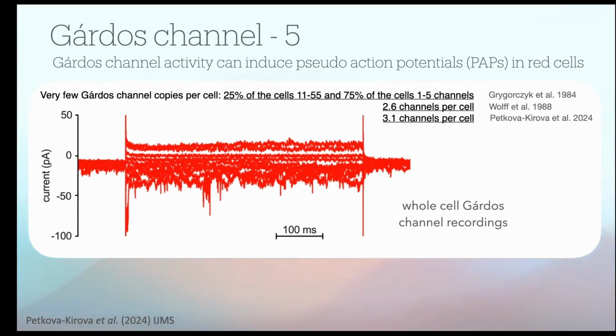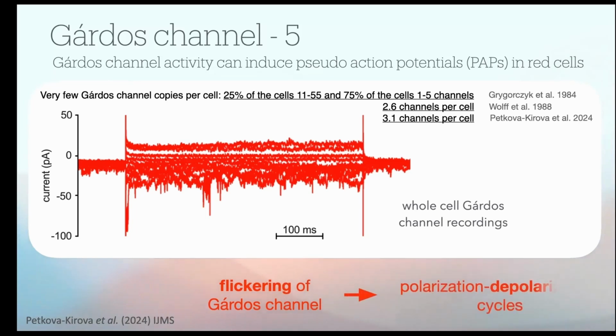What you see here is that these recordings almost look like single channel recordings. And this is not so surprising if you consider the channel numbers per cell. If you have these channel openings on the basis of a single cell, then this obviously also induces these membrane potential jumps. And the idea is that if you have a flickering of the Gardos channel, you have these polarization and depolarization cycles.